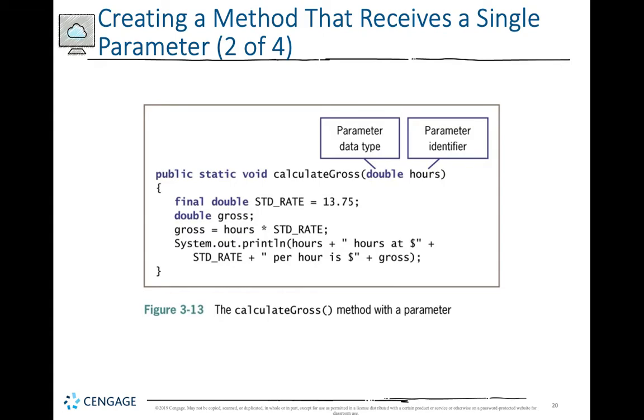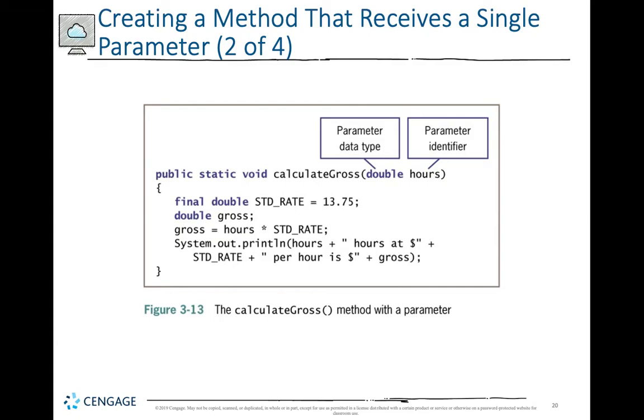So this is the public static void calculate gross. All right. It's static, so what does that mean? Someone tell me. The method calculate gross is static. What does that mean? Its parent class does not have to be instantiated. Right?